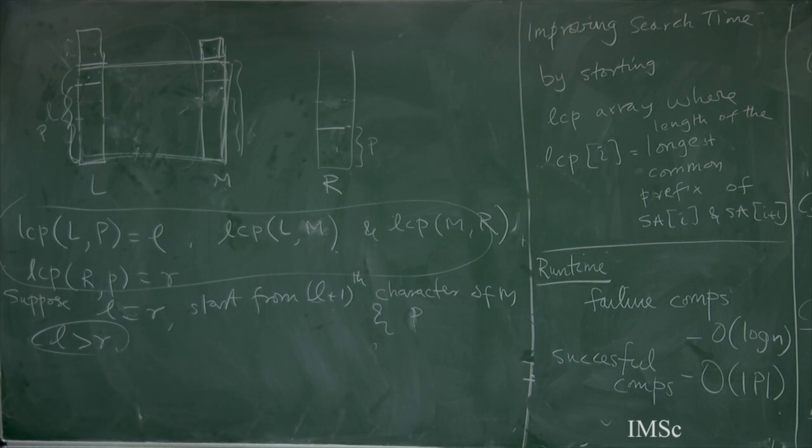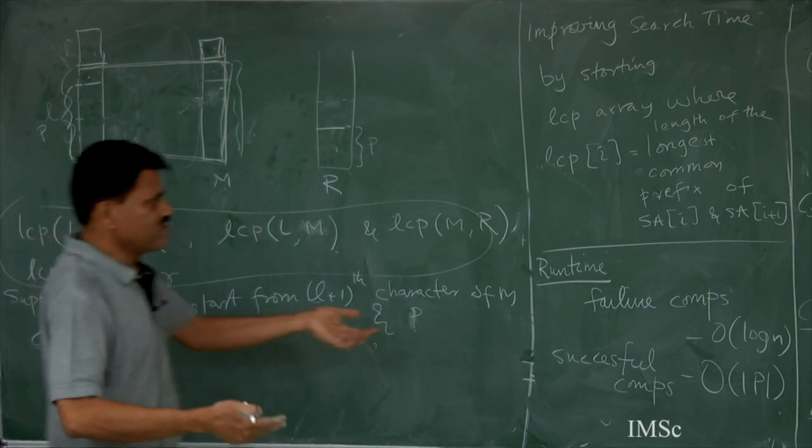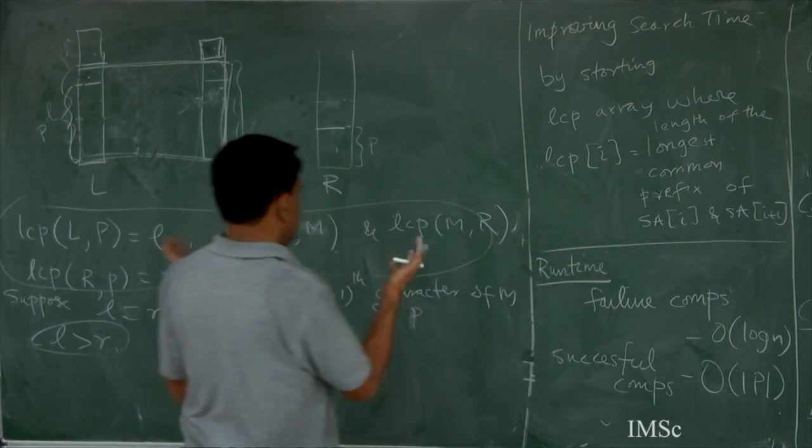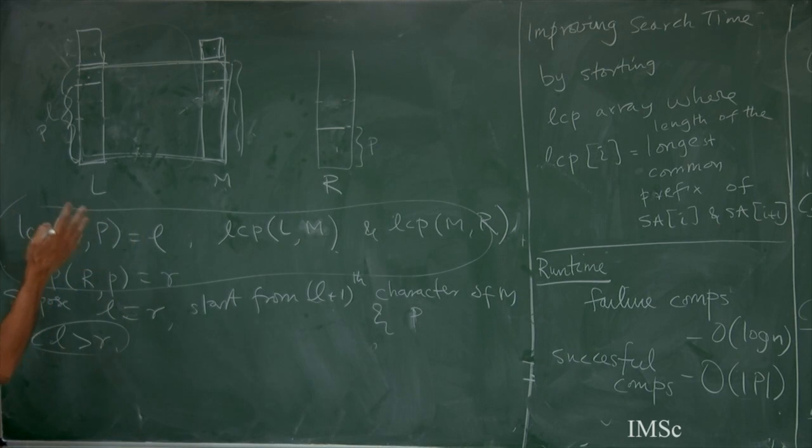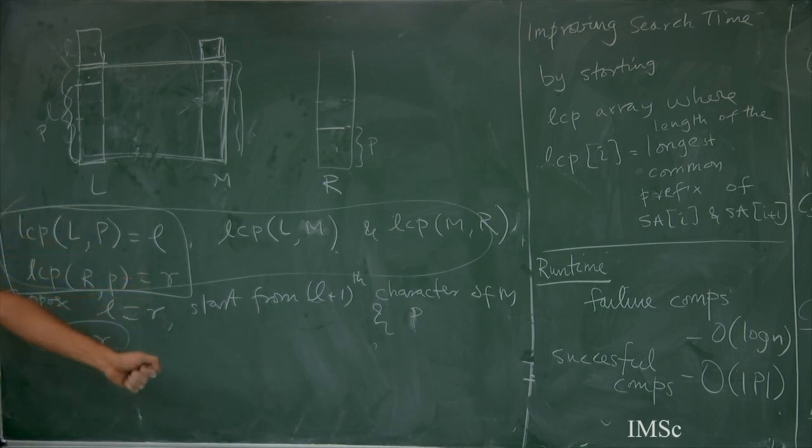So now I just have to argue that the information I need for these careful comparisons is either available or I can find it. I claim I'll know it as I go along. Initially L was the first suffix and R was the last suffix.